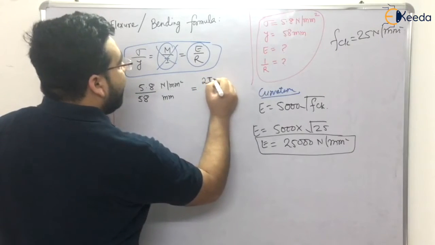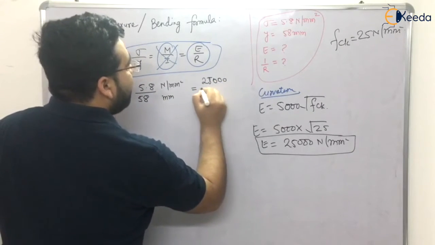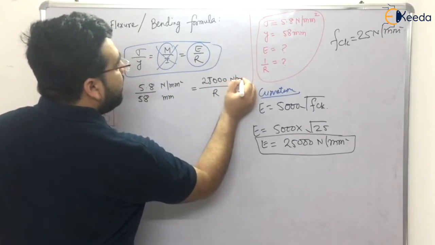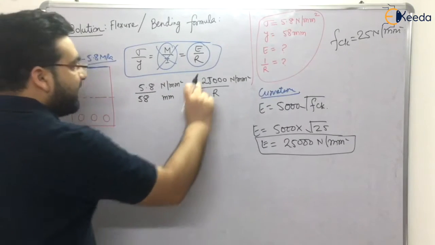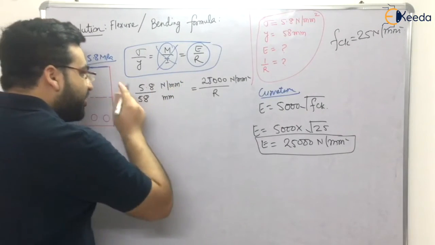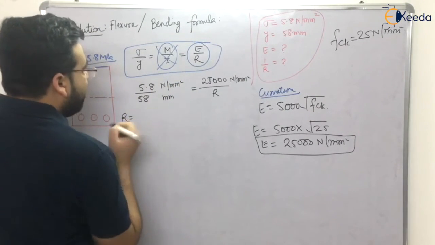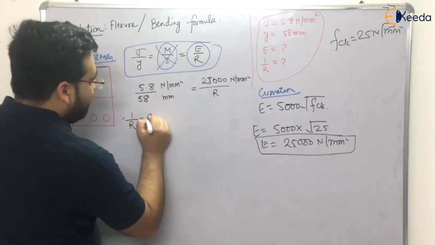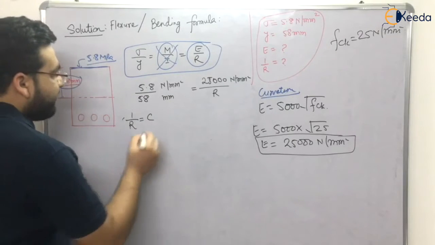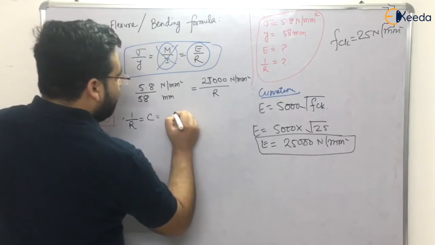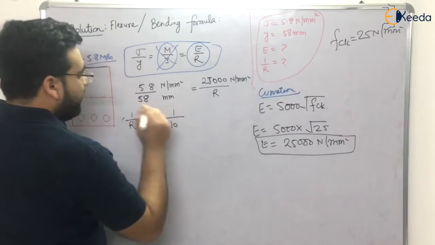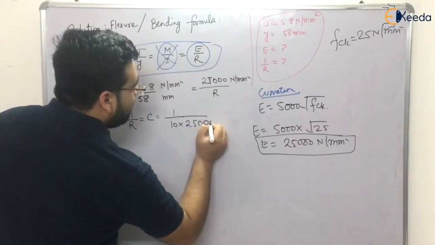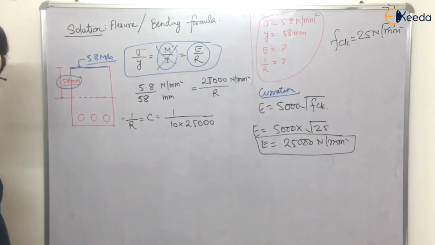Let me put 25,000 here. So 5.8 by 58 equals 25,000 divided by R. R I don't know. This is Newton per mm square. So let me shift it. So 1 upon R, which is the curvature, will be equal to 1 upon 10 into 25,000. Clear?